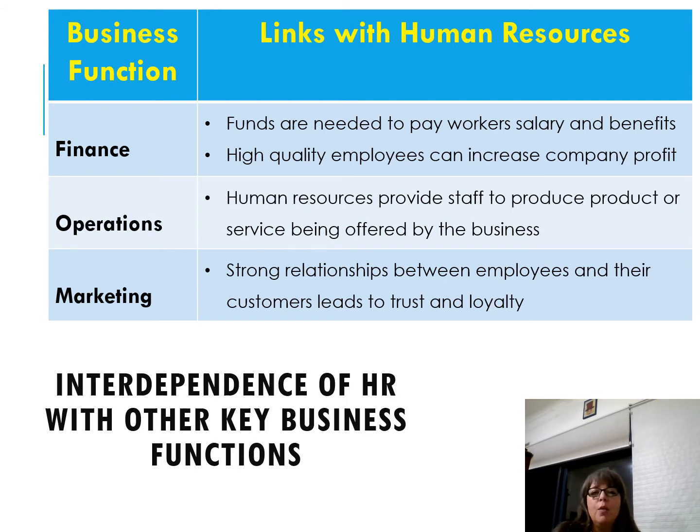Operations. Human resources provide staff to produce product or services being offered by the business. The business cannot do its job without people. Yes, some businesses have a very large component of their processing done through automation, but people are still required to come up with the product, come up with the design, to program the machines, to maintain the machines.